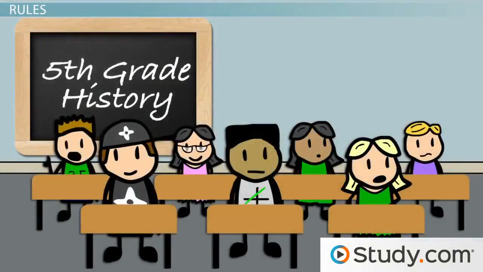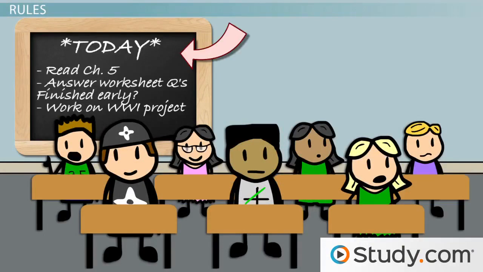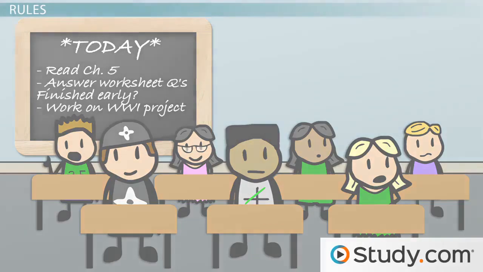For example, you could create a routine in your history class where you always write the schedule for the day on the board, along with directions for an extra activity if any students finish early. Knowing what to do and being able to predict what comes next makes students feel competent, which not only helps them learn, but also contributes to a positive learning environment.